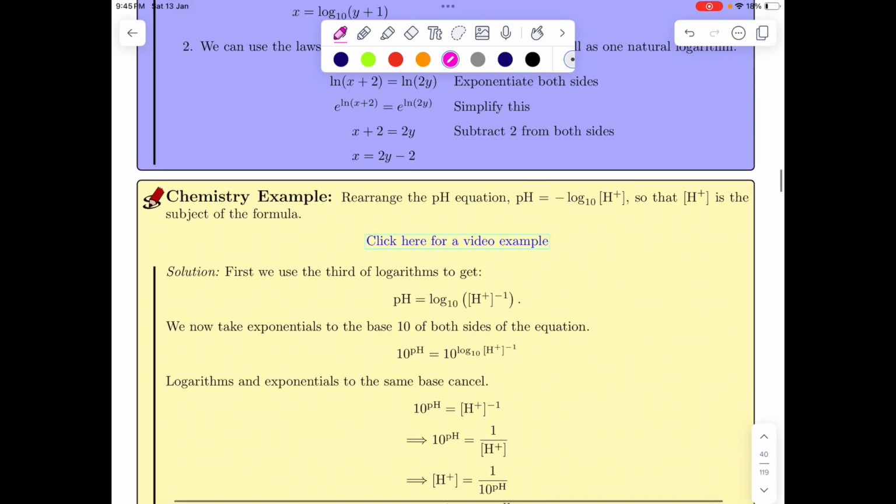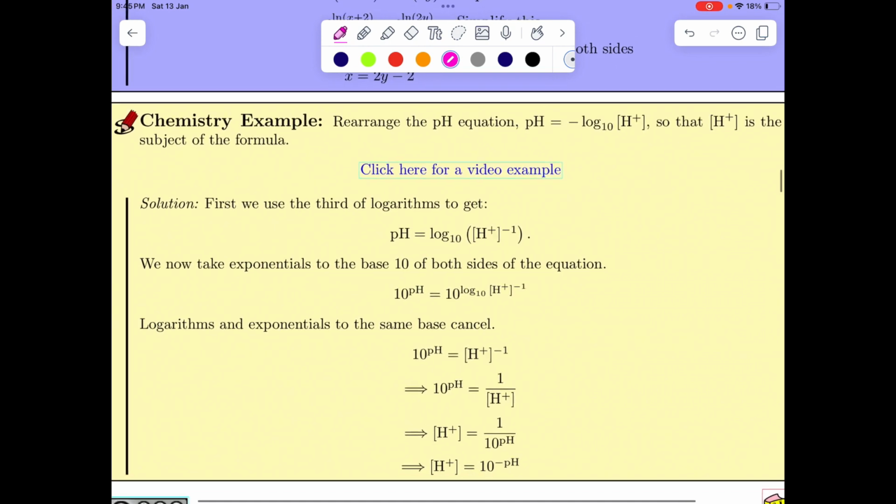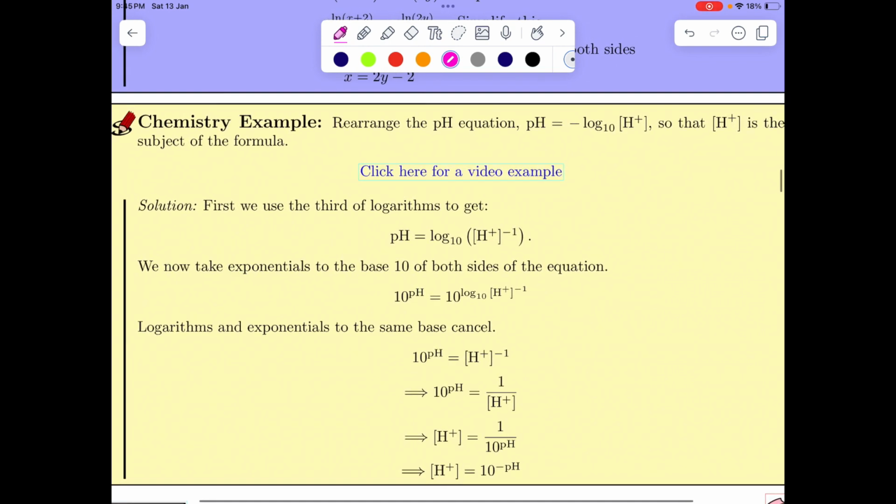Let's come to an application of this. Okay, so here is a chemistry example. You rearrange the pH equation, pH equals minus log of H plus, and write H plus in terms of this.